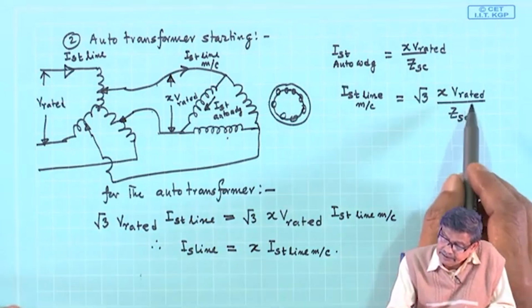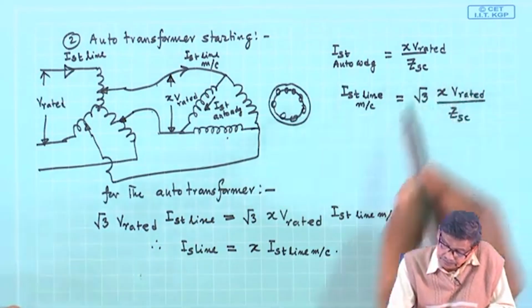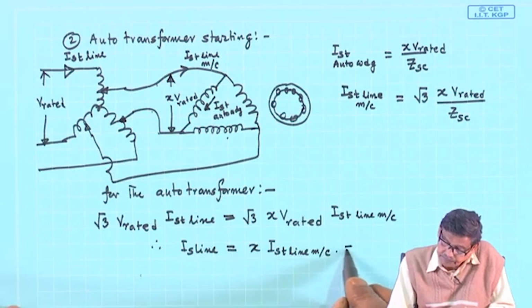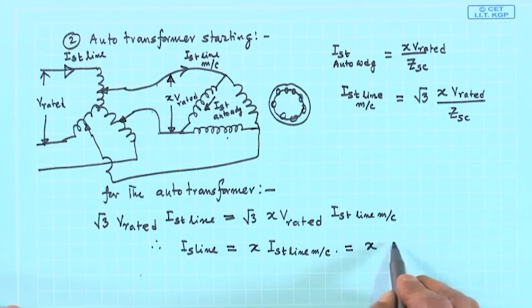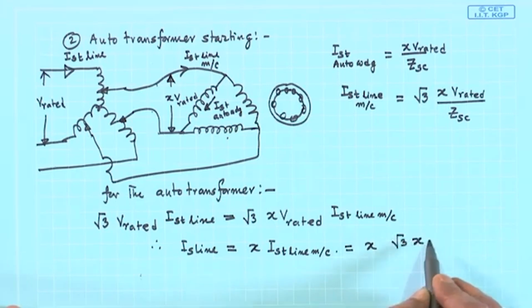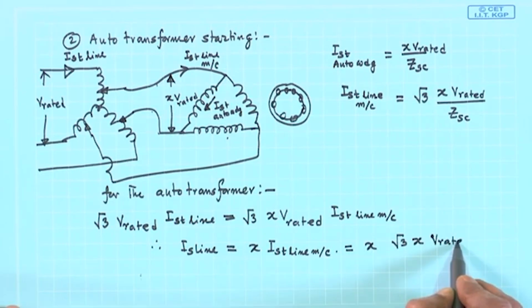And I starting line machine is this one. So, put it here. It was x here, so root 3 x V rated by ZSC.